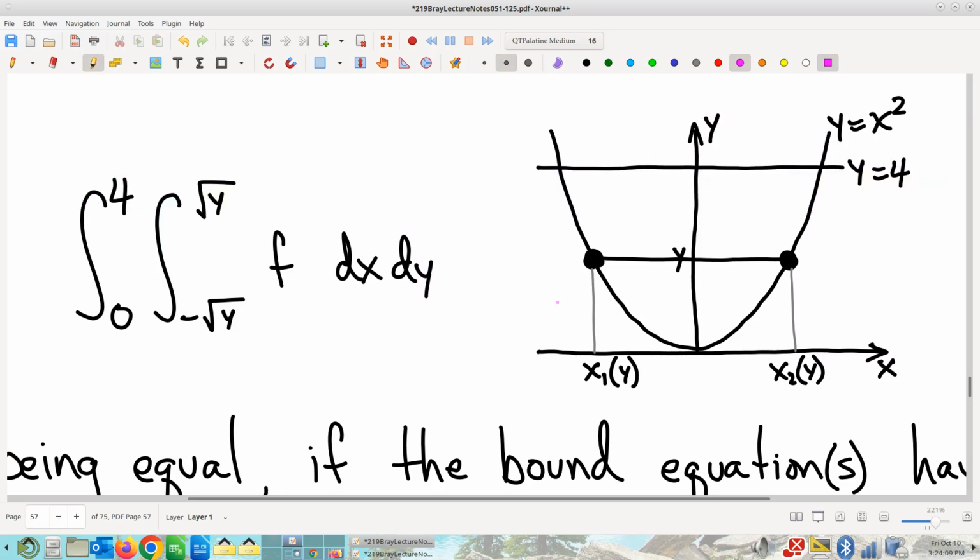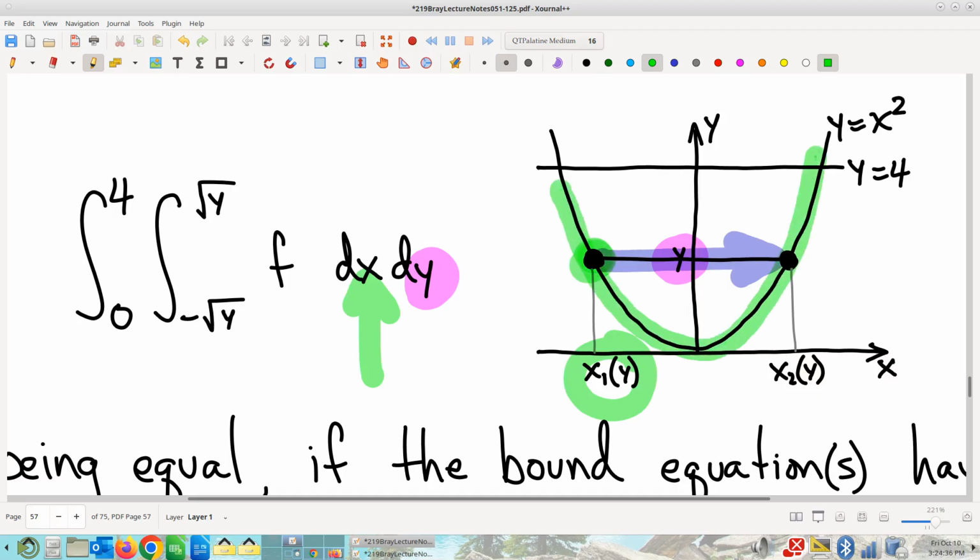Again, per usual, we fix a value of y, that is, a value of the outside variable. X then ranges as we move across that y slice, and we play the same game. The lower bound for x comes from that point, which is on this curve, which has that equation. Here's where students mess up.